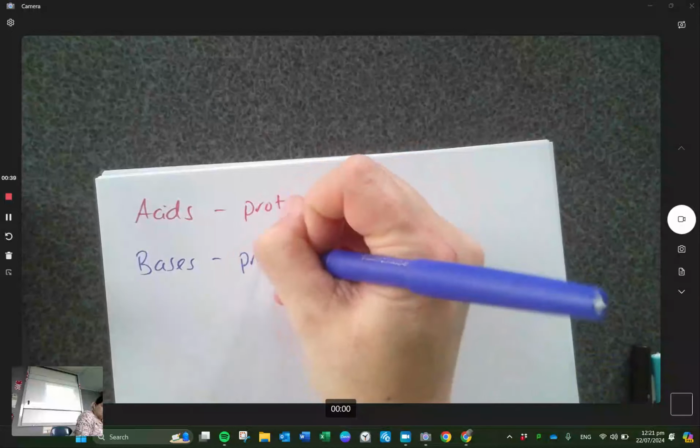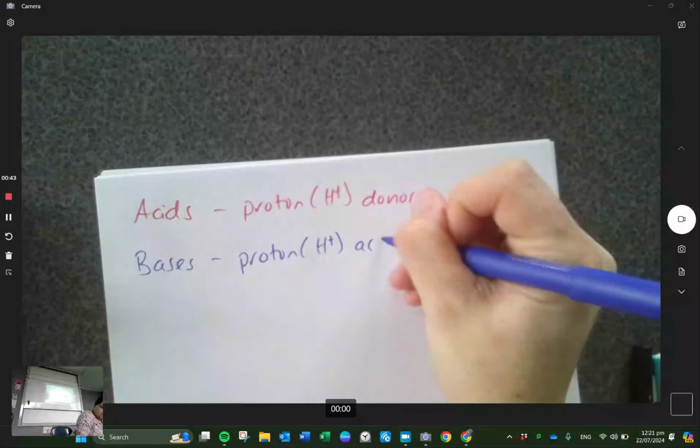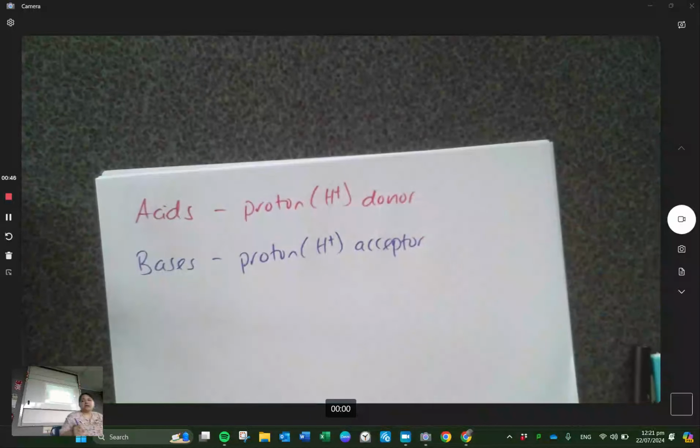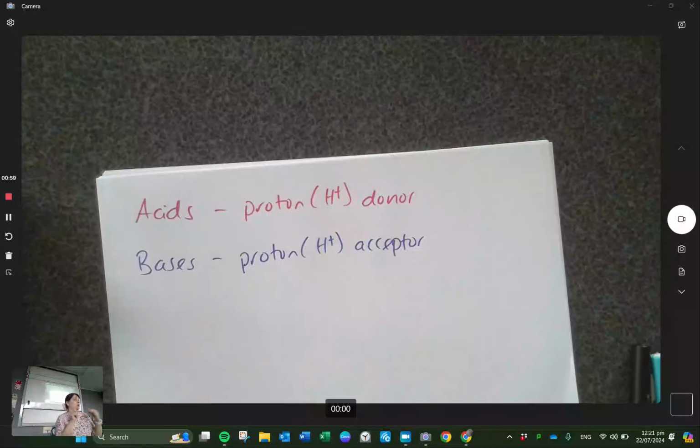It is a proton acceptor. Now, from that experiment, you guys would have found that the sodium hydroxide and the ammonia were both bases, and you found that the acetic, sulfuric, and hydrochloric are all acids.